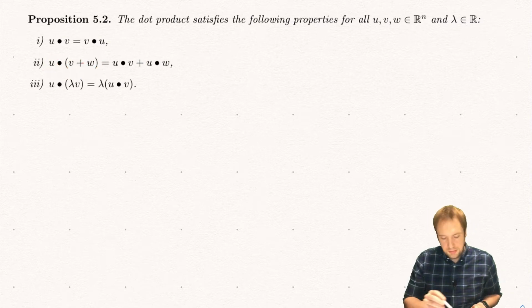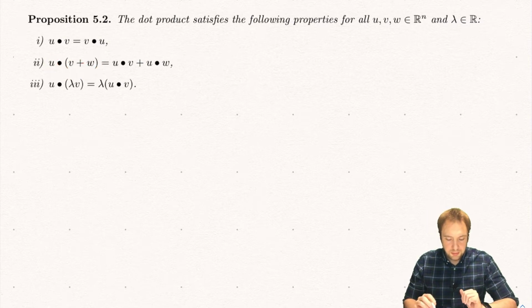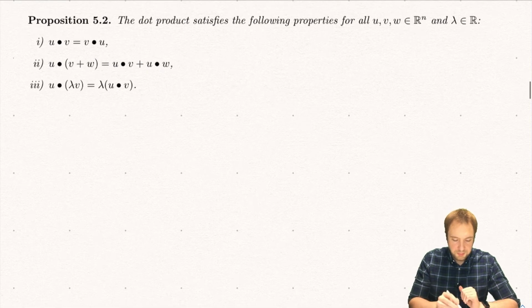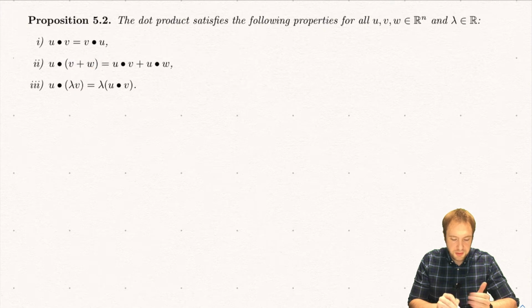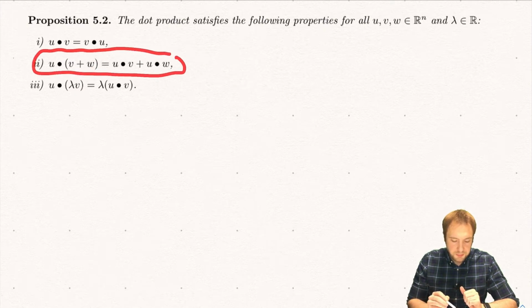And this you can also check by definition, because the entries here are just given by the sums of the entries of v and w. And if you write this out, you get this expression here.